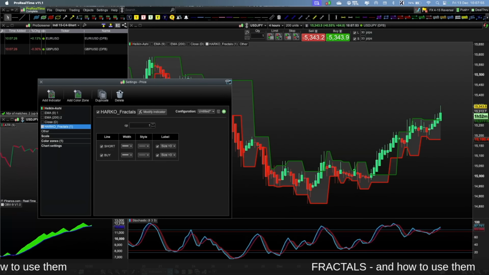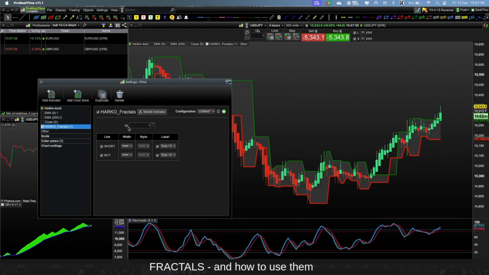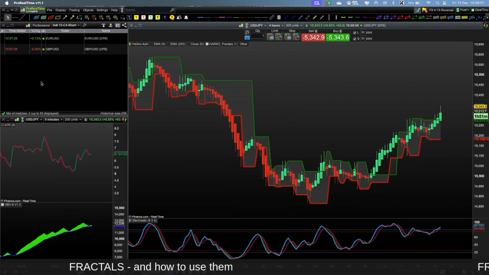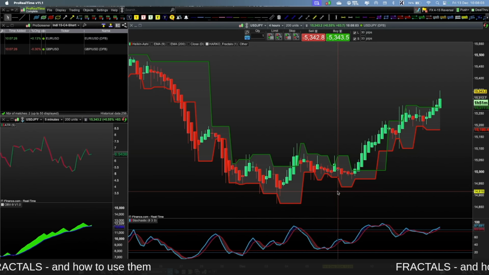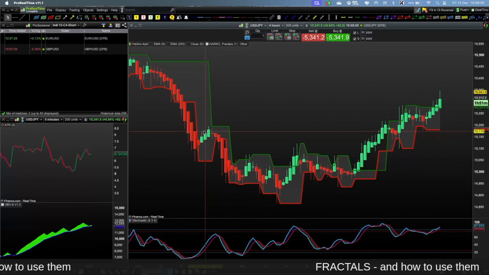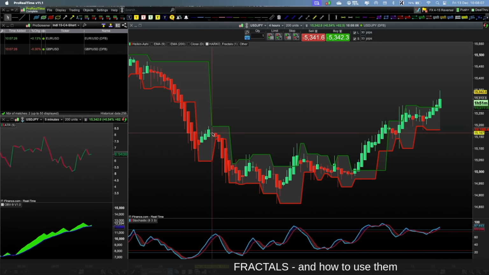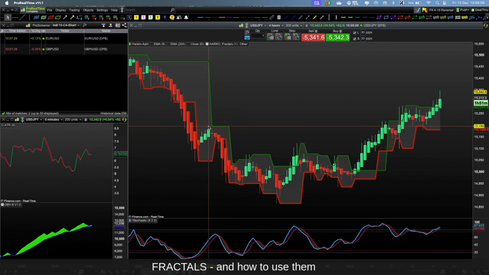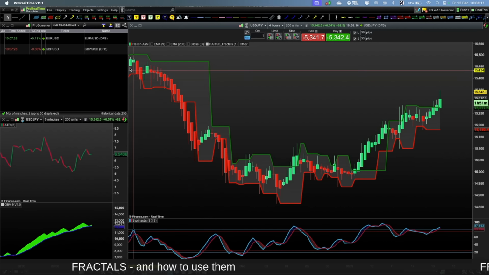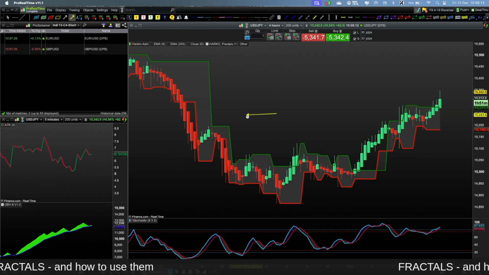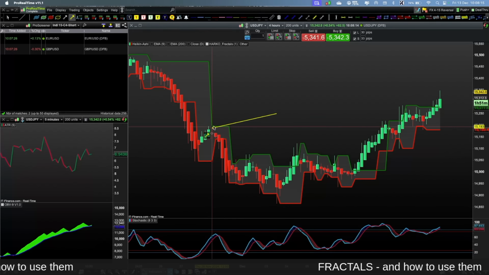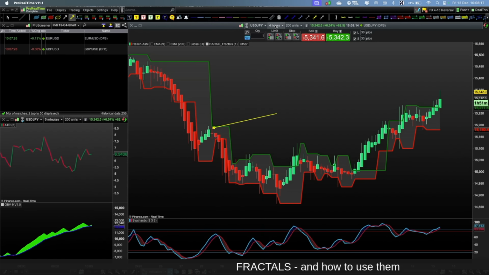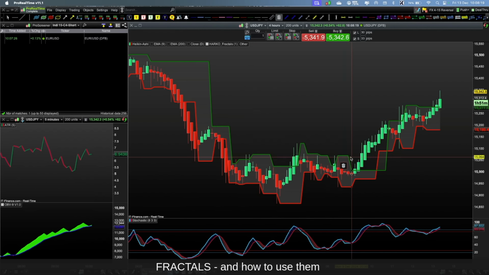You can see the green and red lines are a little bit larger. CP is closing price 1. So what that does is the fractals start calculating after the peak and start showing after the next bar count. So on here, you can see this arrow, the bar count, fractal starts drawing there. And again, here.